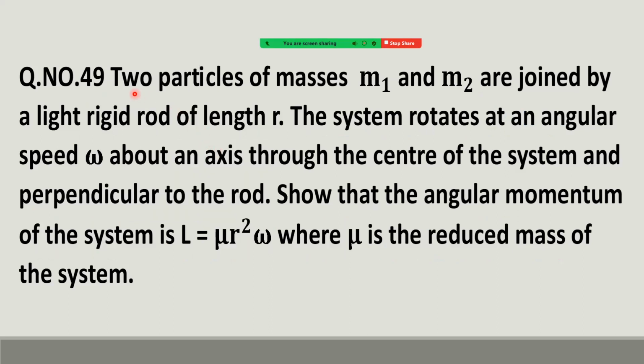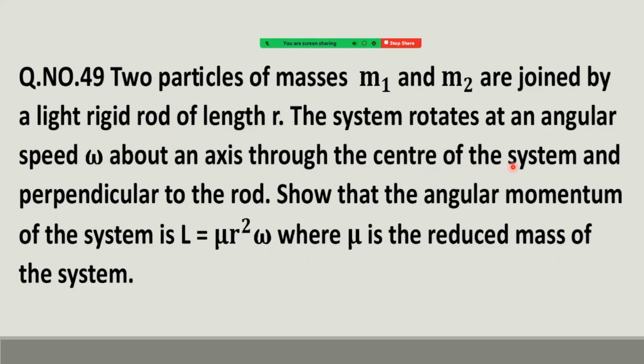Let's see the question given. Two particles of masses m1 and m2 are joined by a light rigid rod of length r. The system rotates at an angular speed omega about an axis through the center of the system.